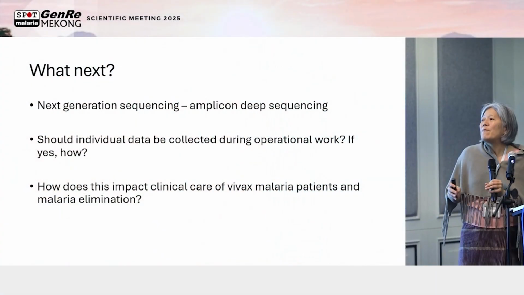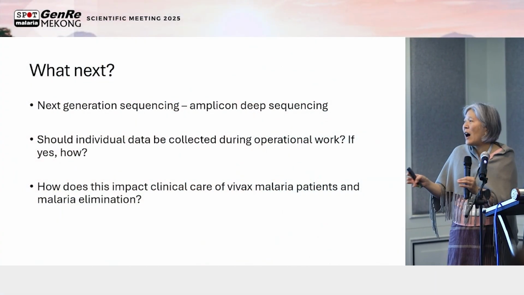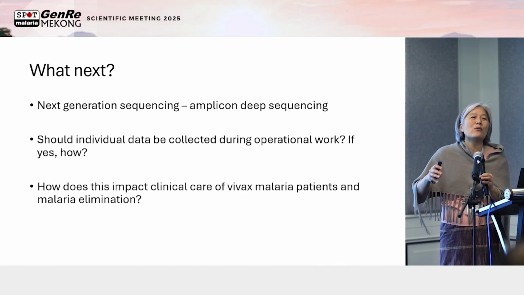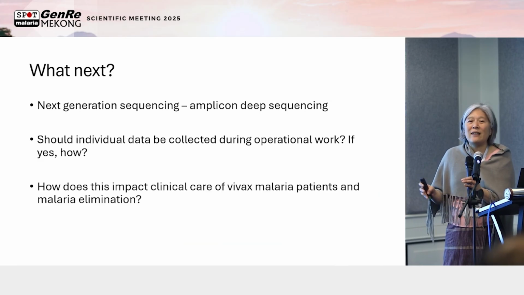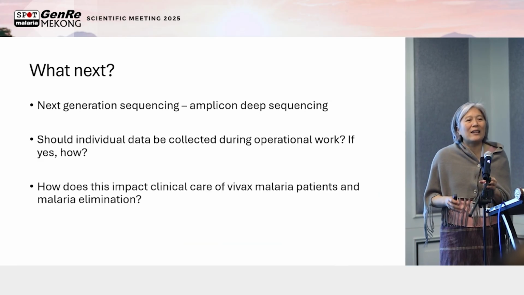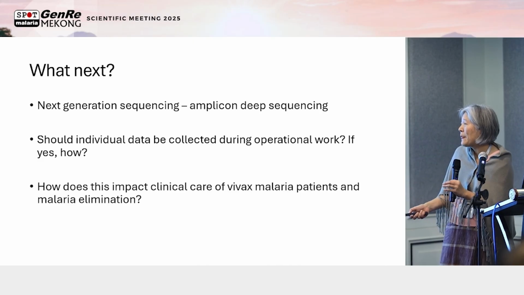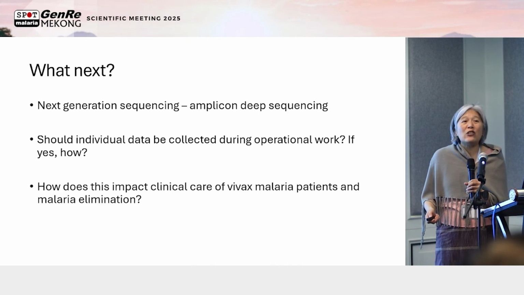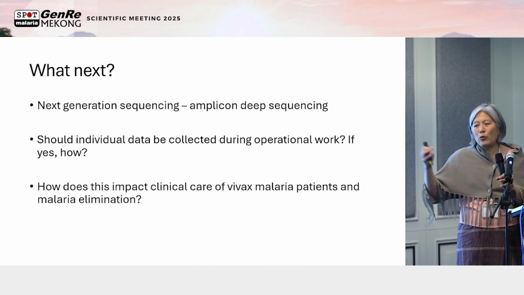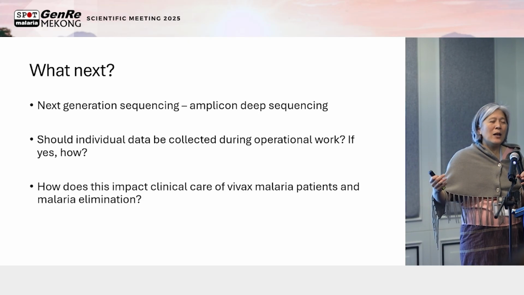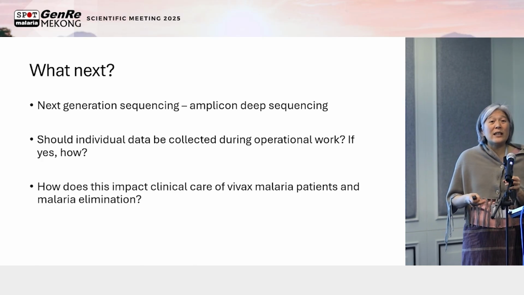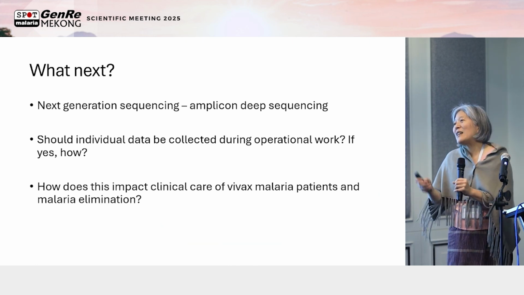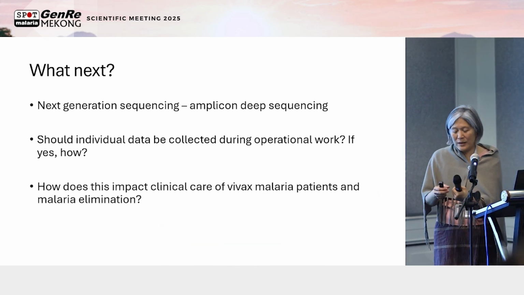All of that is done regardless of whether it is relapse or reinfection. So I'm not saying that we don't collect the data. I'm just wondering, how does this work impact clinical care and malaria elimination? And maybe we just need to make sure we're asking the right questions and interpreting data correctly and using it, having use case scenarios. So that ends the talk. Thank you.